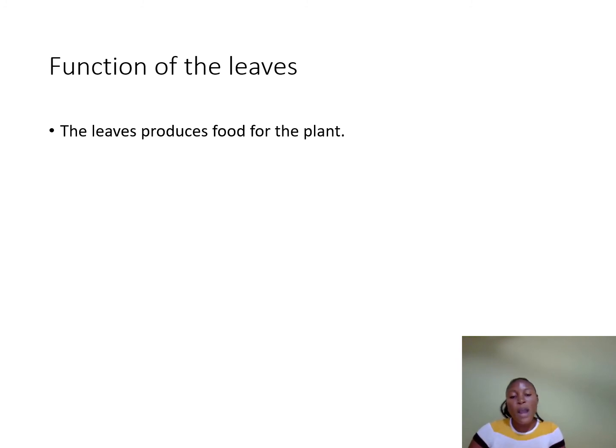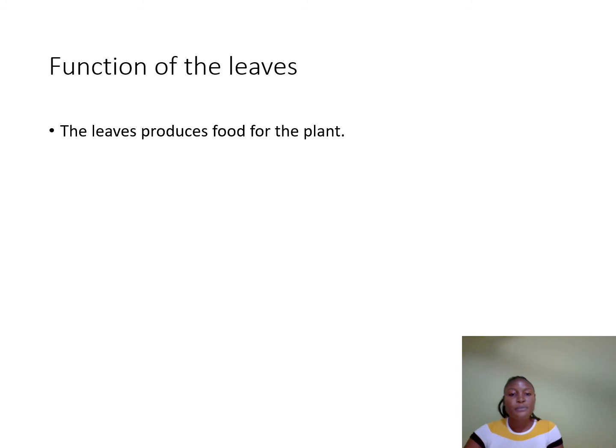So after getting these nutrients, water and carbon dioxide, they then use them to produce food for the whole plant. Good, so now I hope you know what a leaf is and its function.